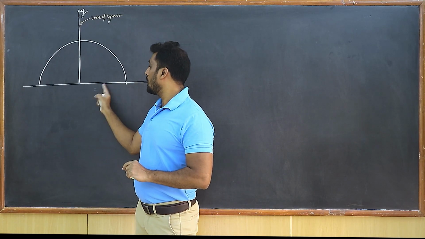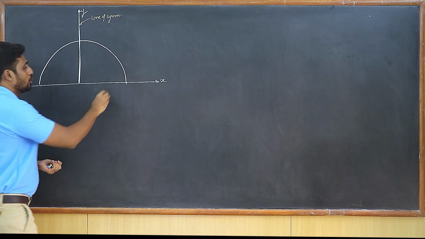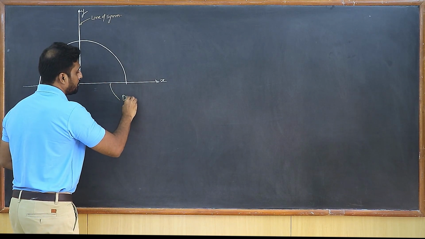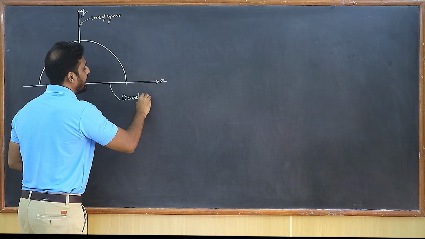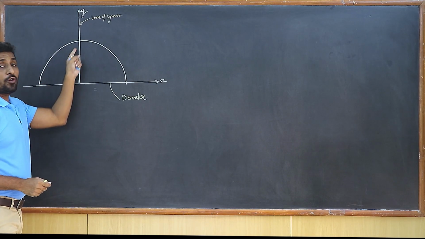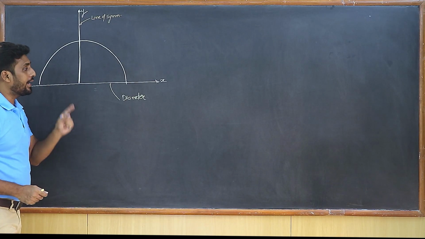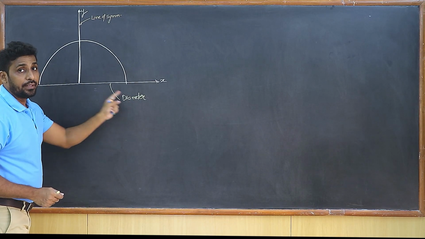Students, you can see the semicircle, you can see the diameter. I have taken the diameter along the x-axis, isn't it? So this is the diameter. And as I said, the centroid is going to lie along the line of symmetry at a distance of 4r upon 3 pi from the diameter.